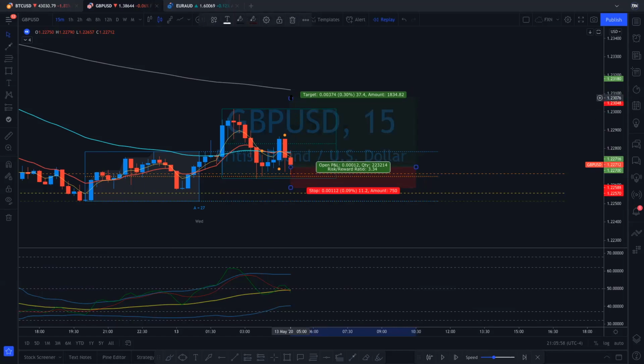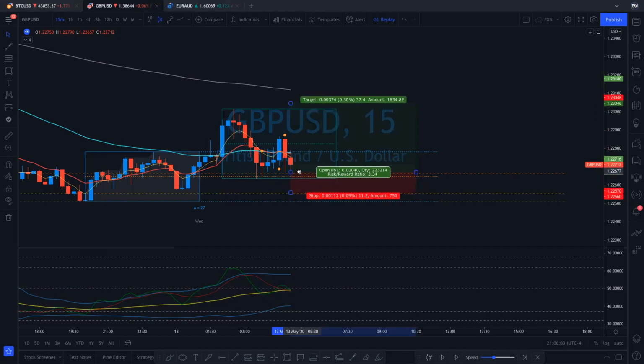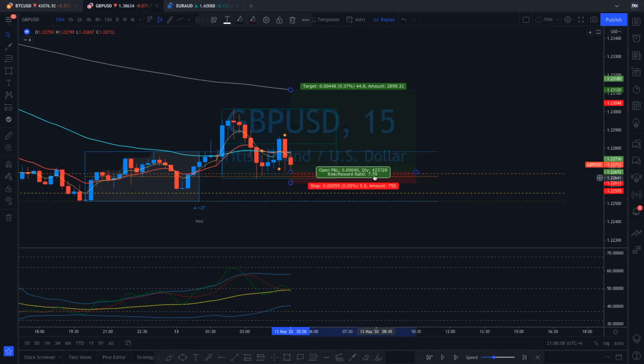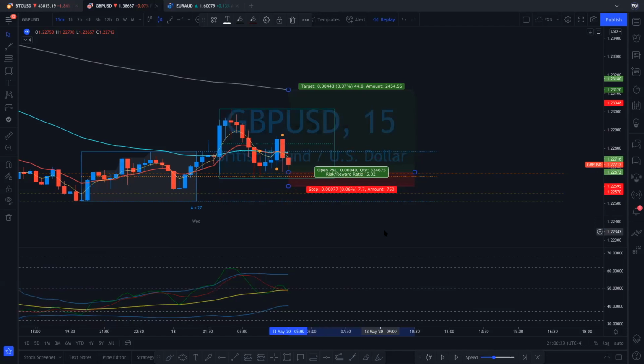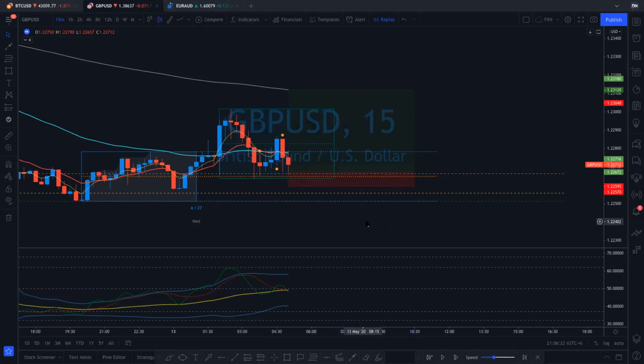And your risk reward, depending on where you have it at, anywhere in here your risk reward ratio only goes up. So a possibility of close to 7.5 to 1. That's crazy. When do you get a 7 to 8 to 1 risk reward ratio?